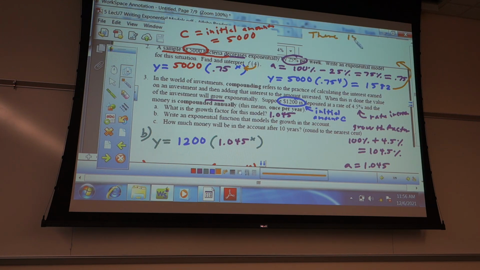Wait, we're on number 2. Yeah, 1,582. I just rounded to the whole number. Oh, okay. Bacteria after 4, would it be weeks or days? Bacteria after 4 weeks. Sure.